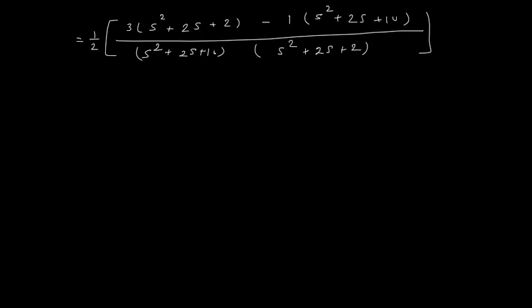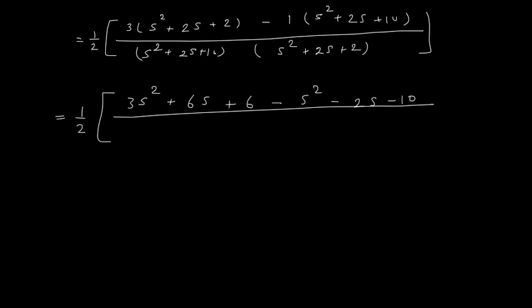So this is equals to 1 upon 2. Now in the numerator it is 3s square plus 6s plus 6 minus s square minus 2s minus 10, divided by s square plus 2s plus 10 in one bracket and s square plus 2s plus 2 in the other bracket.